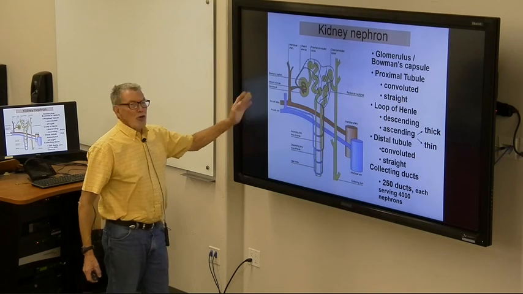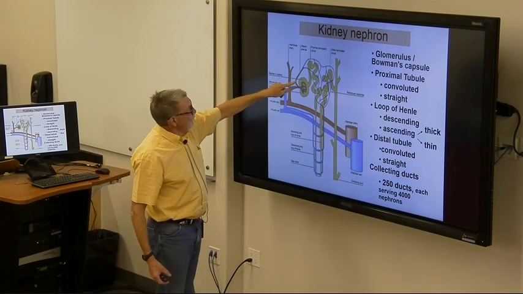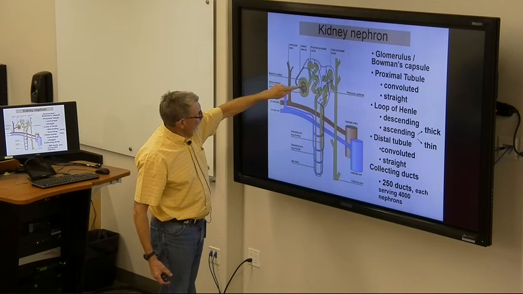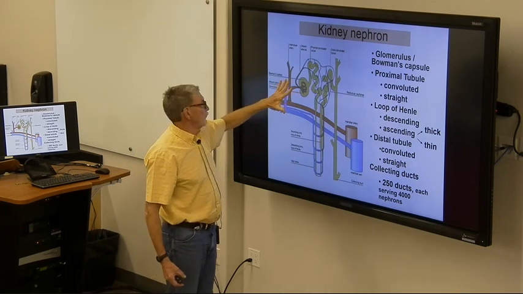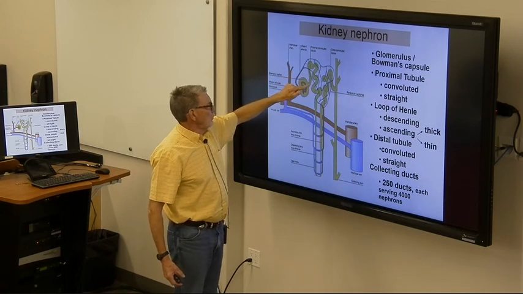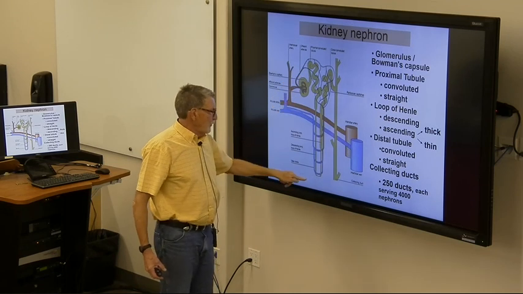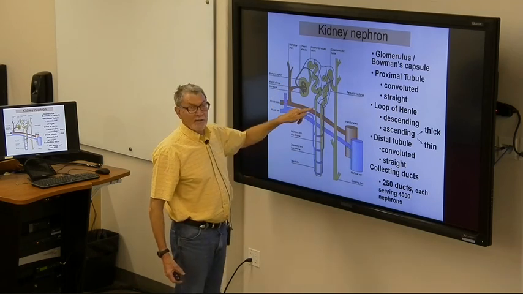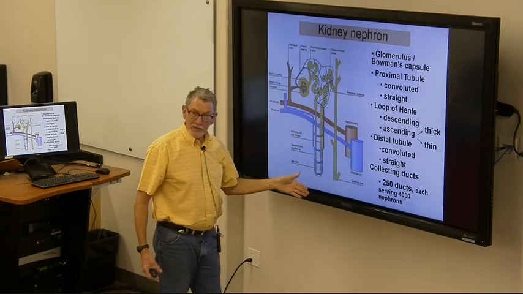The functional unit in the kidney is the nephron. Blood comes into the glomerulus. The glomerular capillaries are here. You filter out your primary pee. It goes through the proximal tubule, convoluted and straight, descending loop of Henle, ascending loop of Henle, the distal convoluted tubule, and the collecting duct.